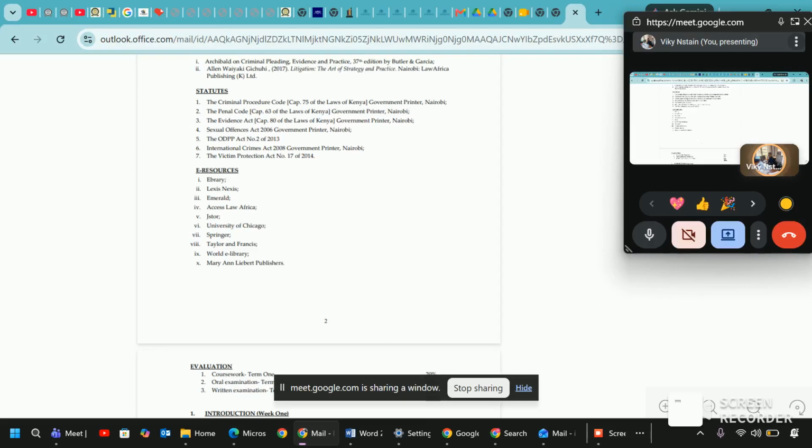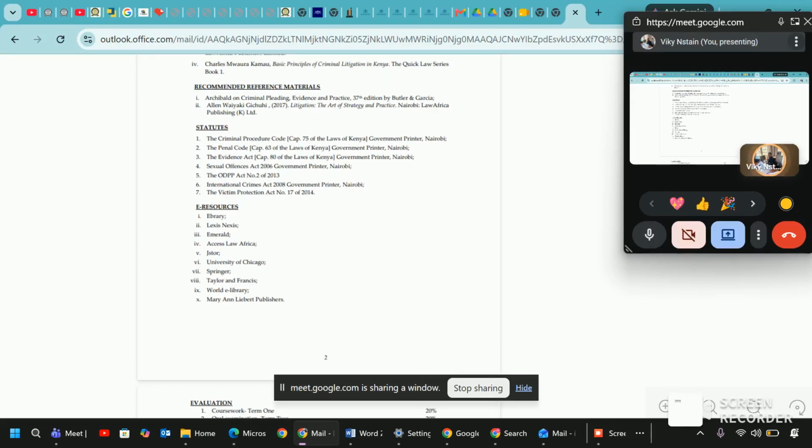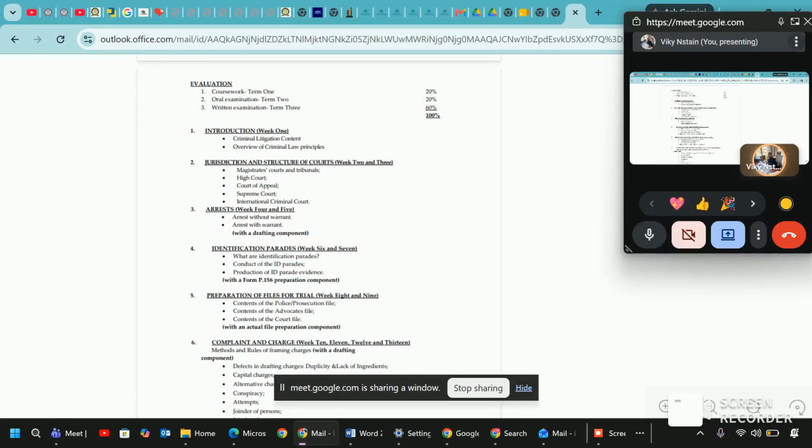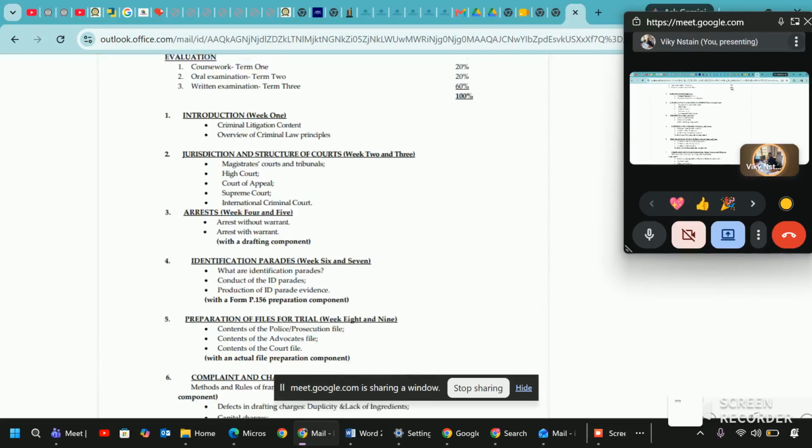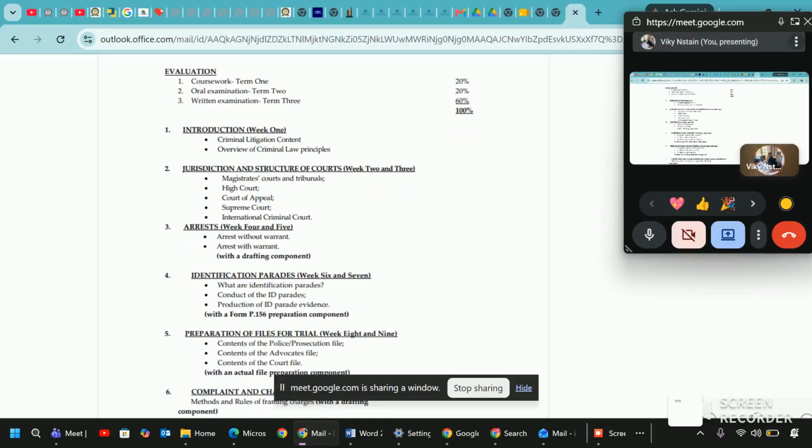Then we'll be breaking the sessions through oral parts to avoid monotony. So I've projected before you the criminal litigation cause outline, so that we dig deeper into what it entails.